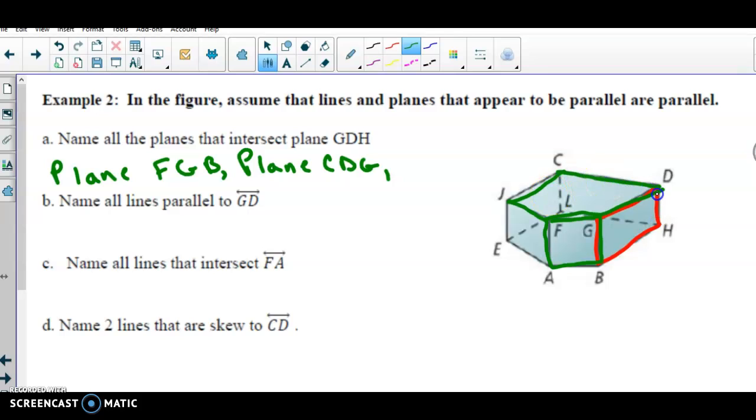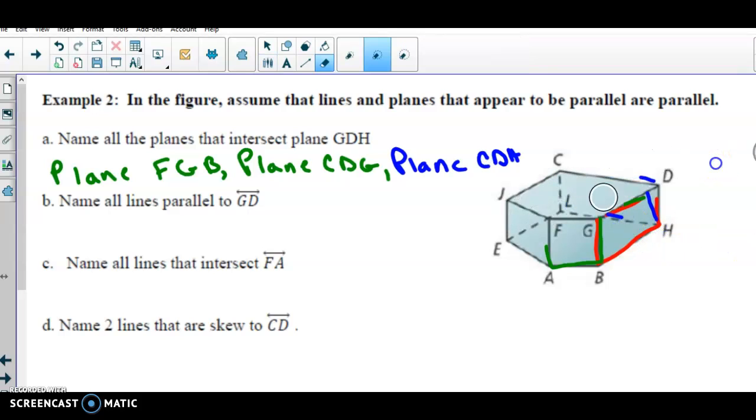And there's one here on the back side. I'm going to have to use a different color or erase these other two. One on the back side, CDL or CDH. That would touch it. And the bottom of the box.